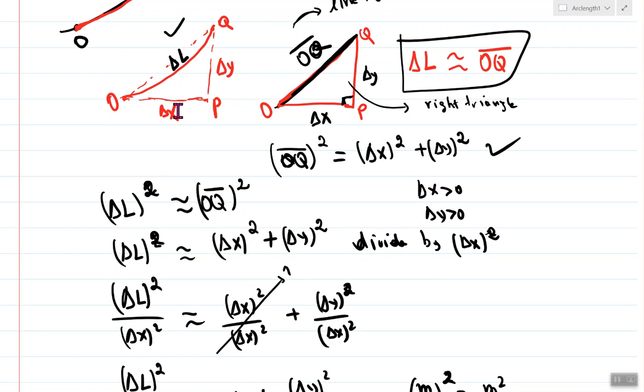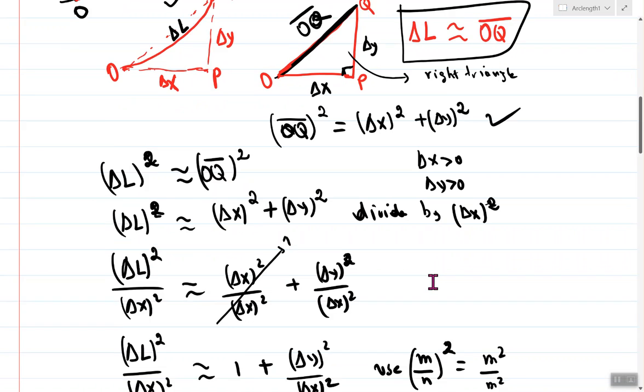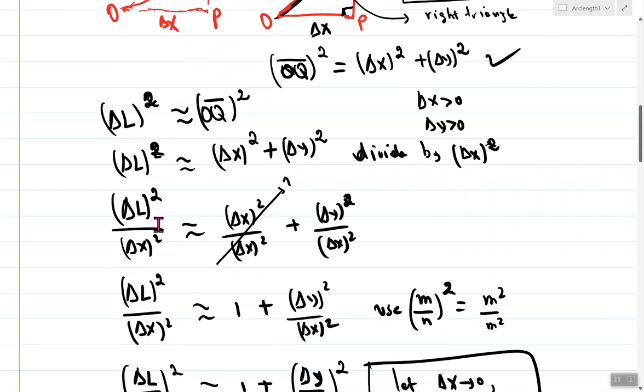Because delta X is a side, it's positive. Delta Y is also another side of the triangle. They are both positive, so it's okay to divide this estimation by delta X squared. When we divide, delta X squared divided by delta X squared is 1.